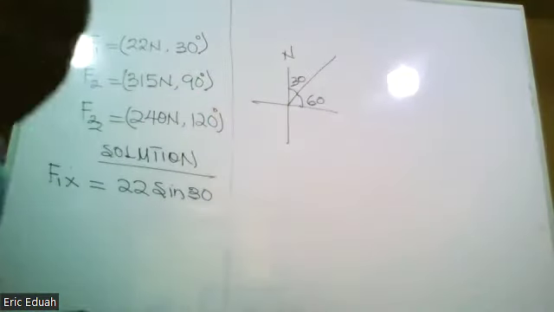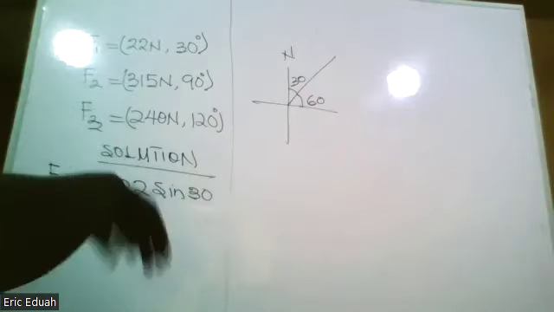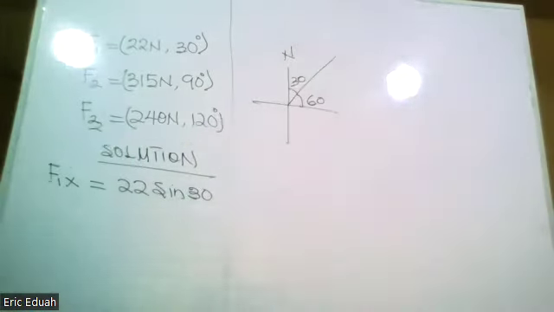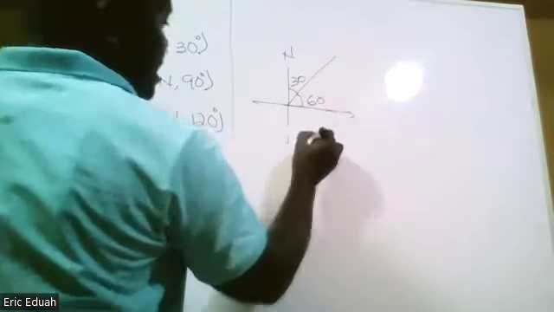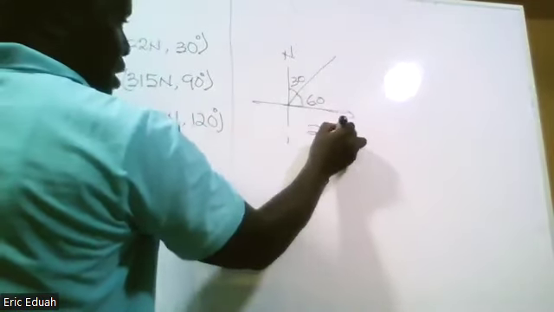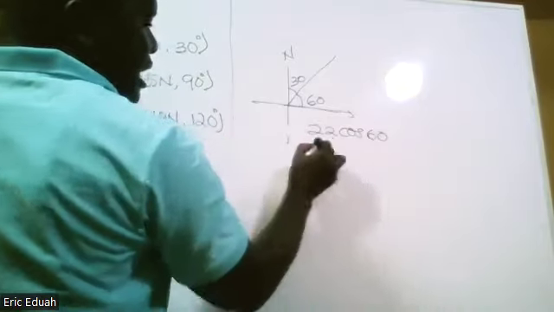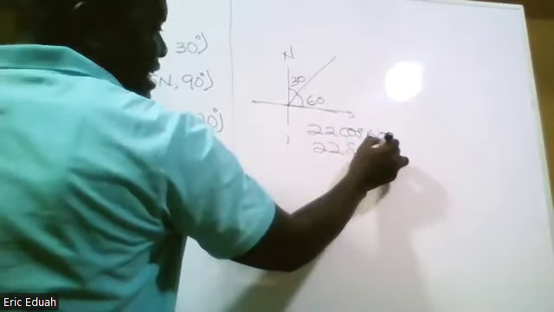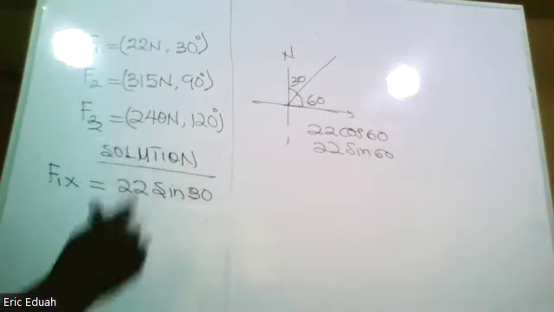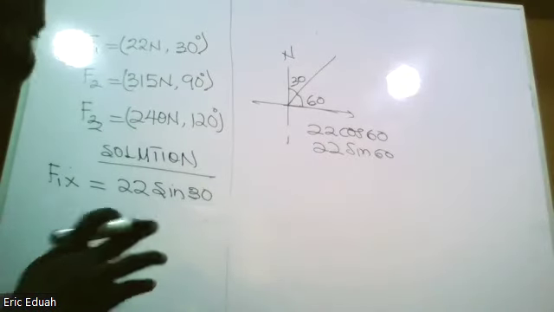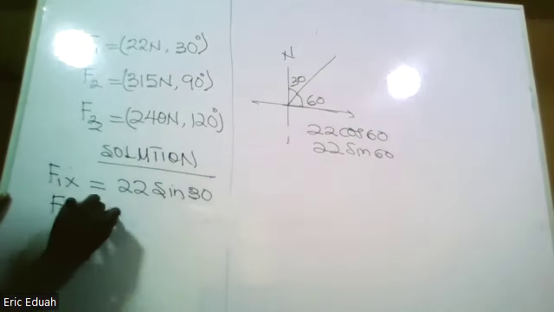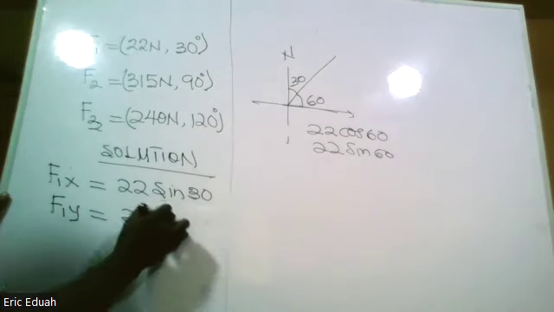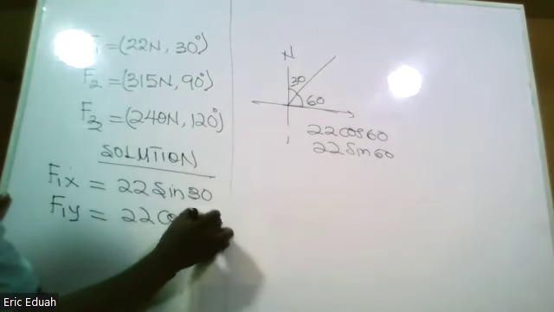So if you want to use the angle which complements this, and use the angle it makes with the x or the east, then it becomes 22 cos 60 and 22 sine 60. Okay, but it is always easier using the angle given. So F1y is also 22 cos 30.